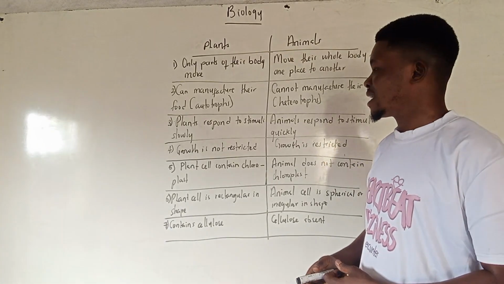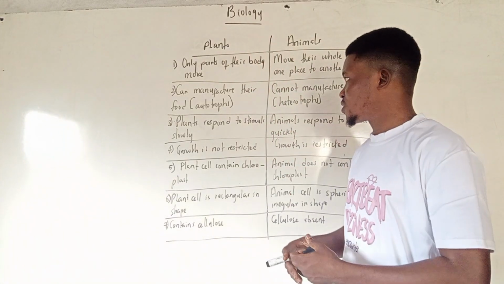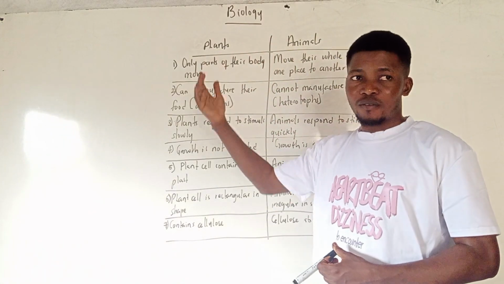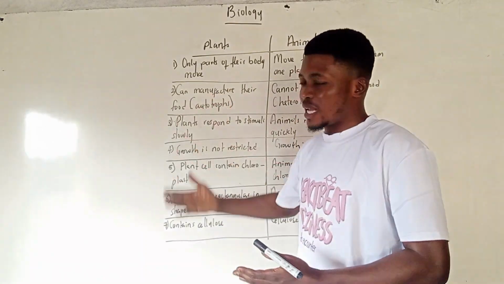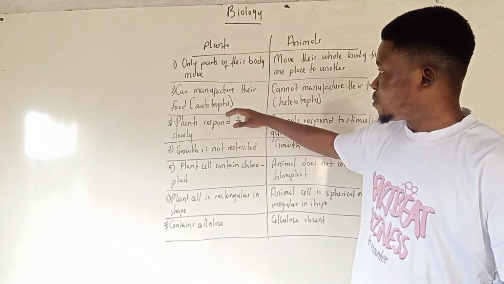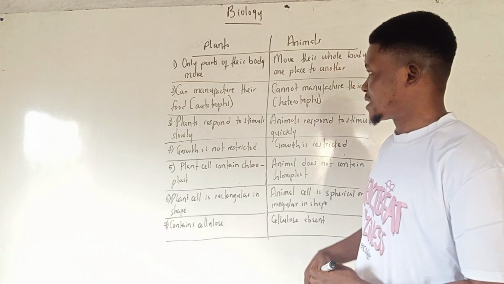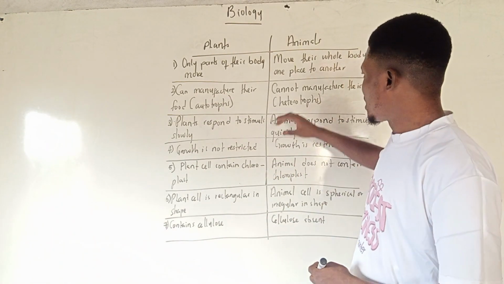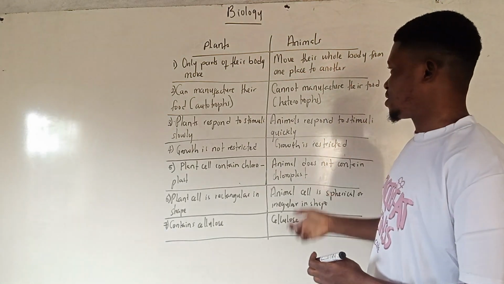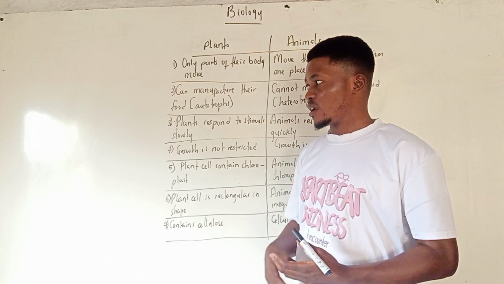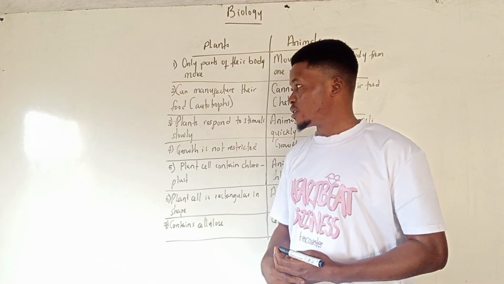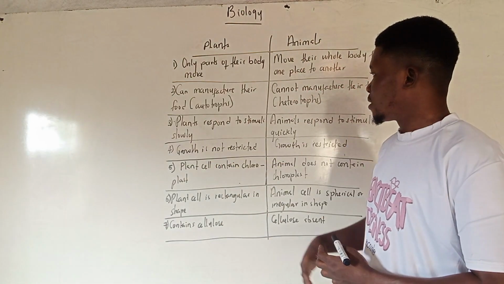And the chlorophyll can trap sunlight. Plants can manufacture their food with the aid of the chloroplast. Hence, they are called autotrophs. Animals cannot manufacture their food. Organisms that cannot manufacture their food are called heterotrophs. They rely solely on autotrophs.